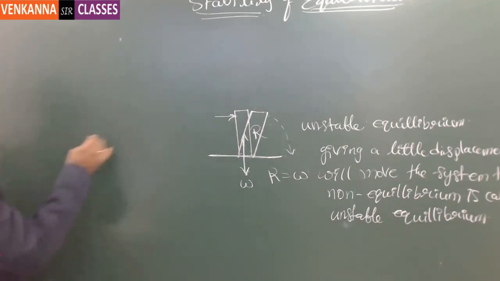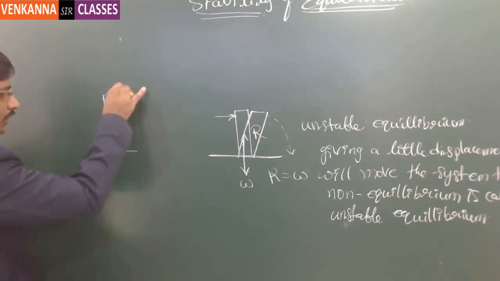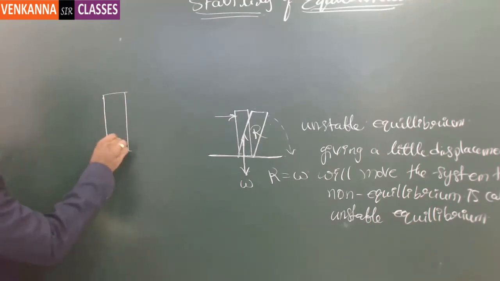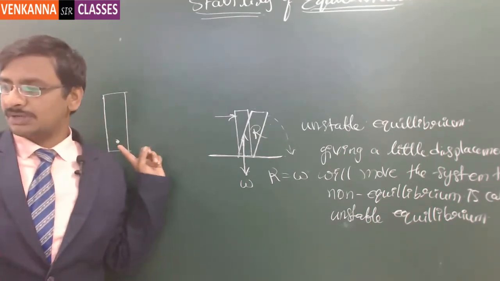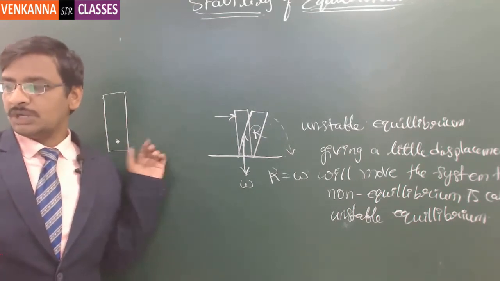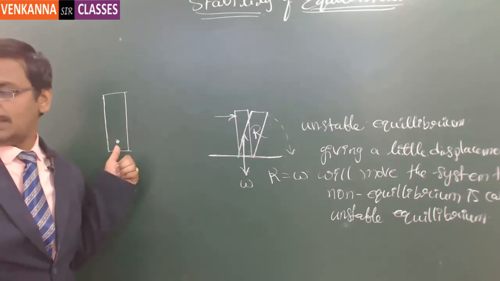I will give you one more case. Suppose there is a nail here, and a wooden block supported by this nail. It was under balance condition in this scenario, let us say. That means through balance I could manage to keep it standing on the nail like this.